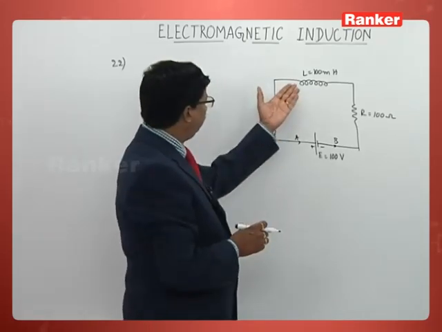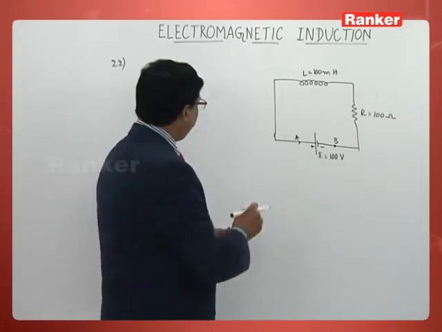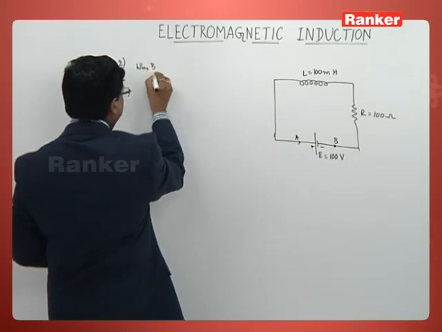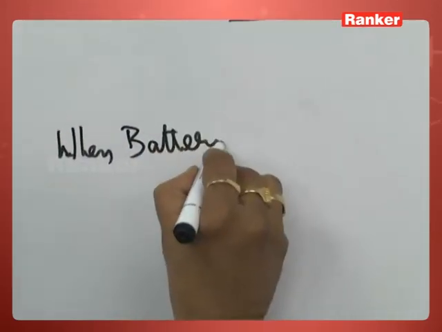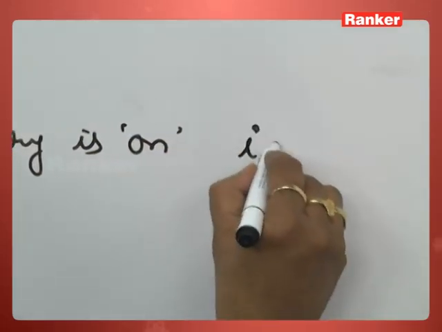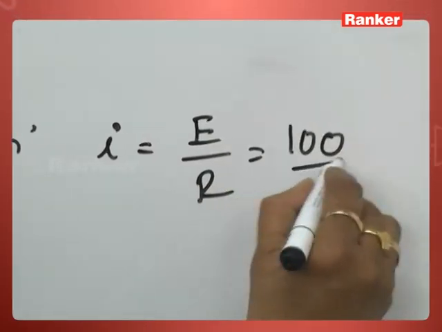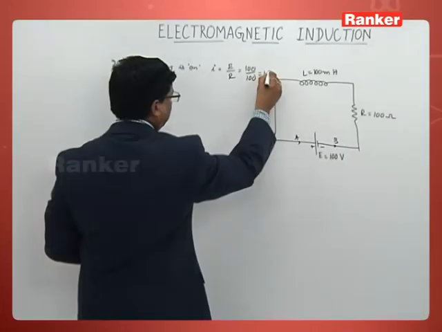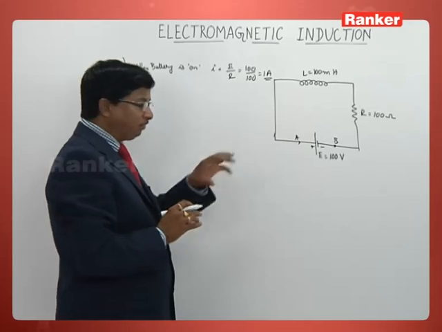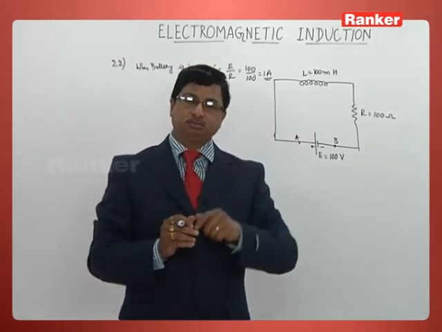In fact, we know very well when L is this, R is this, E value is this. When the battery is on, what will be the current across? No doubt E by R. It's 100 over 100. That now becomes 1 ampere. Simple. But what he said is, after a long time, the battery is disconnected.